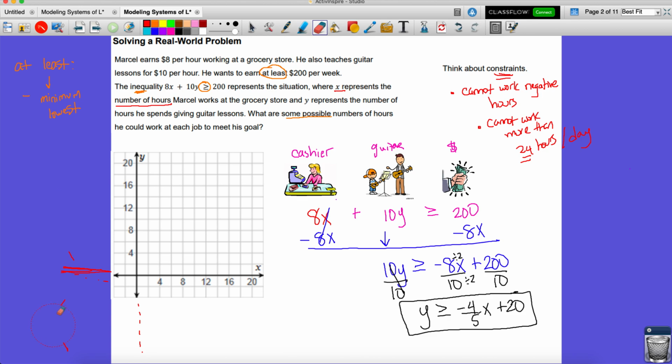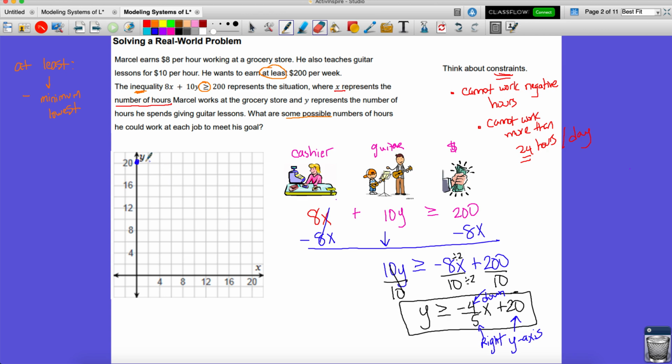So I'm going to go ahead and erase this, and we're going to graph this. We start on our y-axis here at 20. So we're starting at 20, put a little dot there, and then we're going down by 4, and then right by 5.